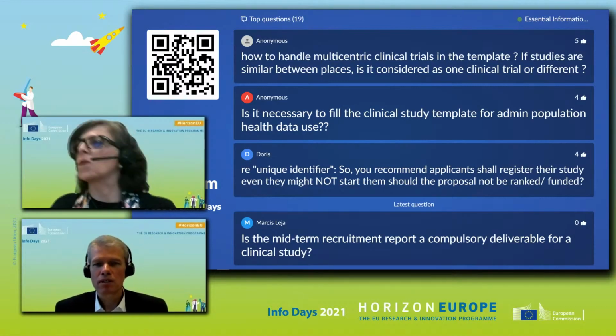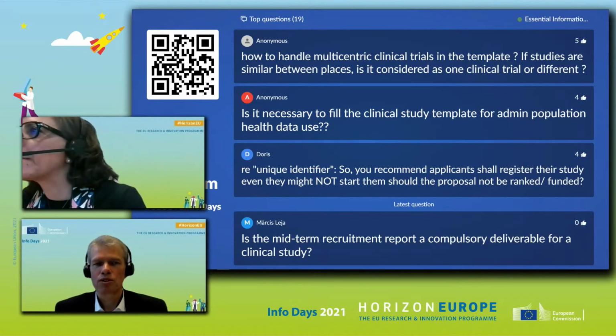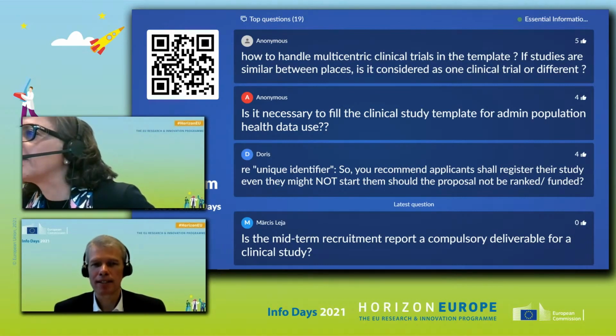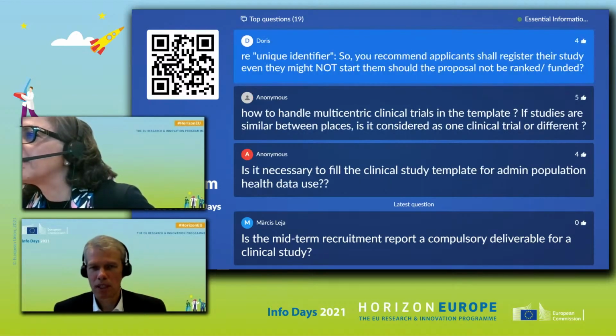If the clinical study protocol, which defines all the activities that will be carried out throughout the clinical study, is identical, unless there are only very slight site-specific deviations, then it can be regarded as one clinical study.